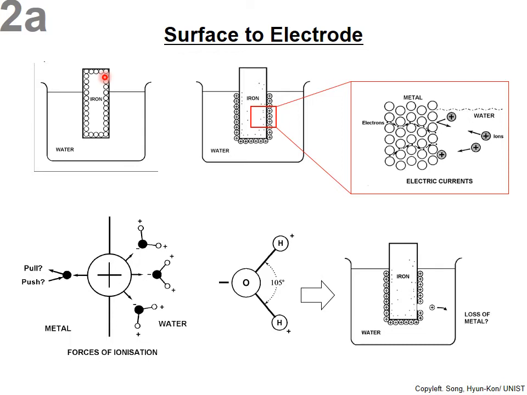And also, I said each atom has its own ionization strength, or reduction strength, or oxidation strength. So let me apply this to these pictures. Right now, look at the surface of an iron bar.